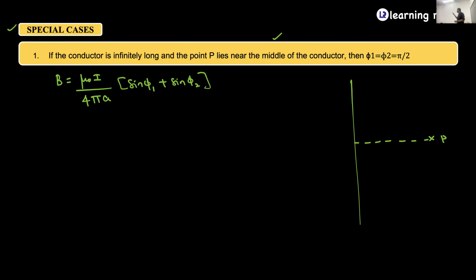Only then I'll be able to define the angle phi 1. Phi 1 is basically the angle defined between this horizontal and the line joining the point P to the topmost point. If the wire is growing infinitely long, what will happen to this line which is joining from point P? It will keep increasing its angle. At one point, what will happen? It will become perpendicular.